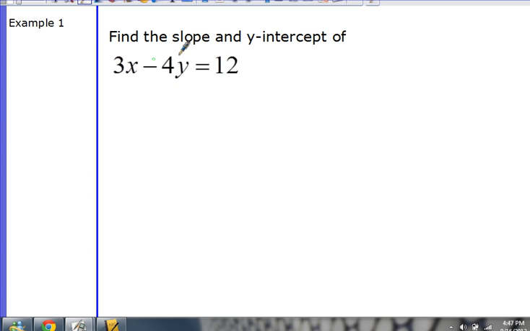So example 1 says, find the slope and y-intercept of 3x minus 4y equals 12. You might want to know what you do when y is not by itself.